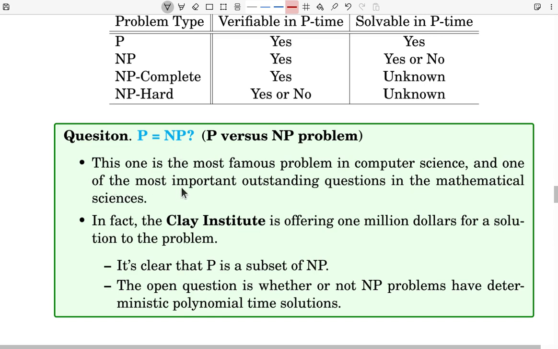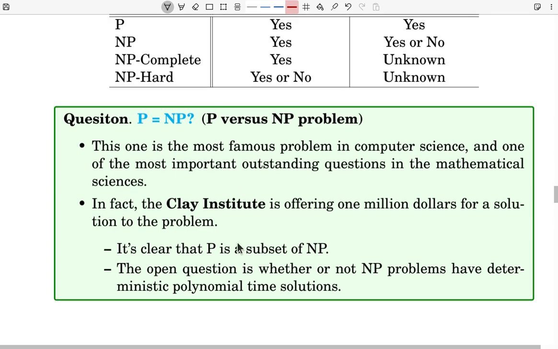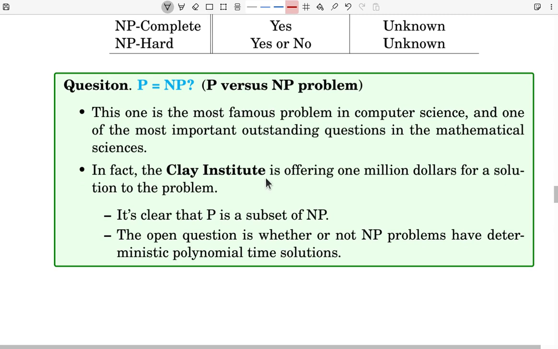This question is the most famous problem in computer science, and also one of the most important questions in the mathematical sciences. The Clay Institute is offering $1 million for the solution to the problem.